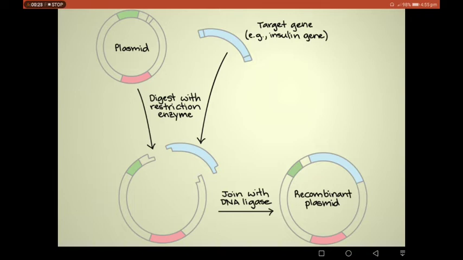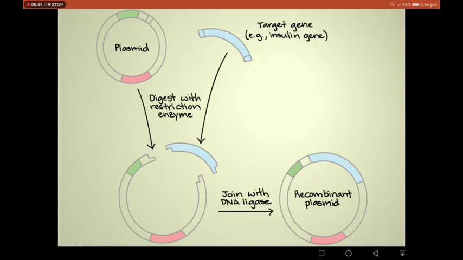Here it is treated as the insulin gene, and this cutting is done with the help of restriction endonuclease. Note that the same restriction endonuclease must be used on the plasmid and also to cut the target gene. The same restriction enzyme is required for cutting in both areas.